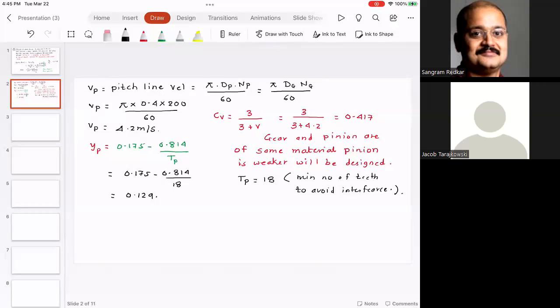Now service factor. Service factor means whether that gear is used continuously or intermittently, or if that gear pair is subjected to shock loads. So I'm going to assume service factor CS is equal to 1. This is the service factor, and this is assumed. Many times they will give you that the gear pair is used continuously.